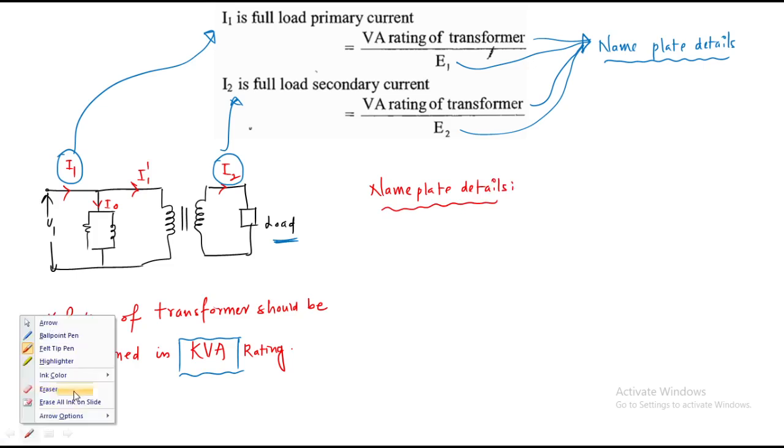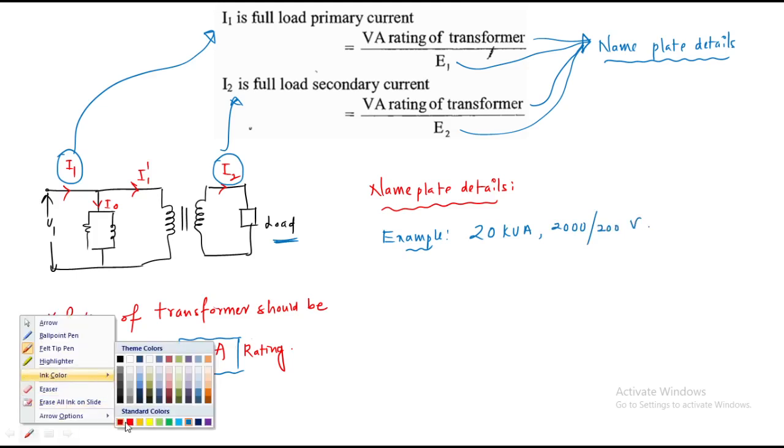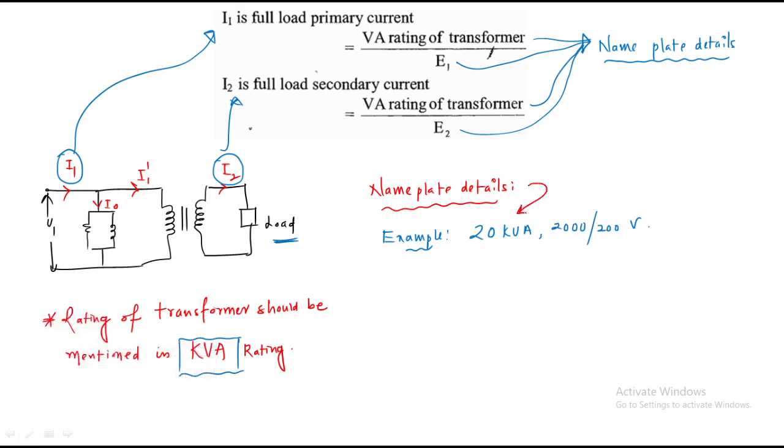let us take one example. A 20 kVA transformer, 2000 by 200 volts. These are the nameplate details.